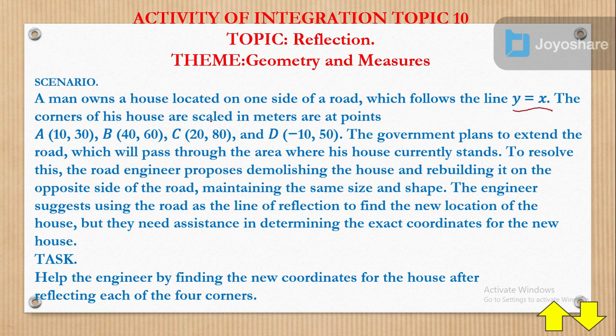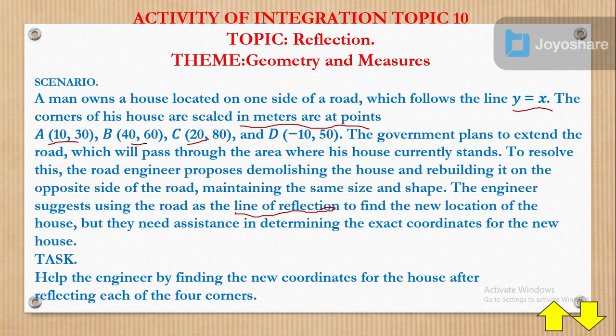The corners of the house are scaled in meters at points A, B, C, D. The government plans to extend the road which will pass through the area where his house currently stands. To solve this, the road engineer proposes demolishing the house and rebuilding it on the opposite side of the road, maintaining the same size and shape. The engineer suggests using the road as the line of symmetry, as a line of reflection.